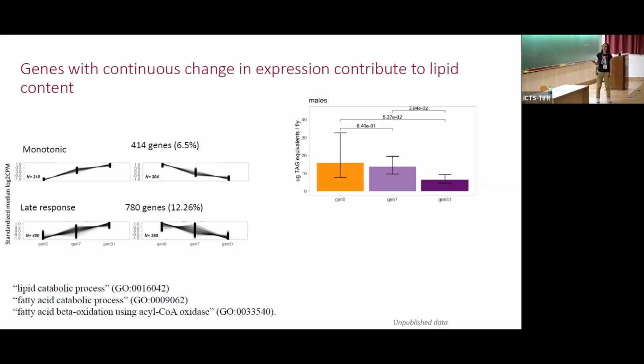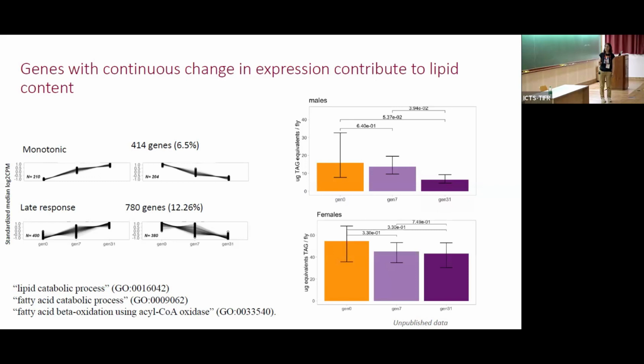And we see that in males, we don't observe any reduction in lipid content after 7 generations, but after 31 generations we observe a significant decrease in lipid content. So we see that the genes that continuously decrease or increase their expression are involved in lipid catabolism, for example, in these flies.